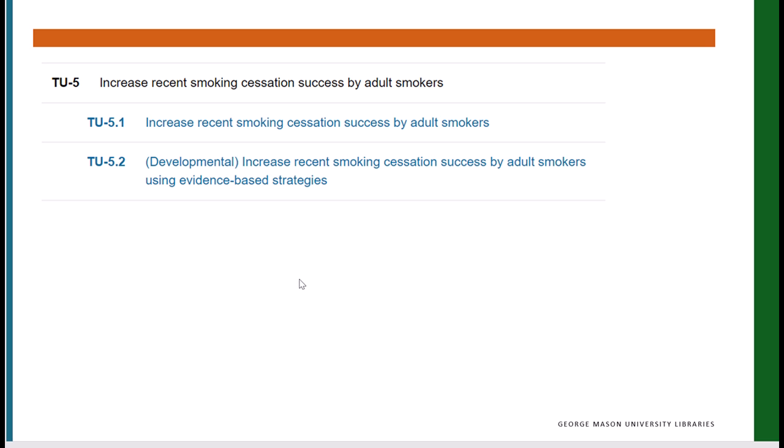And they're even adding, as they revised it, evidence-based strategies, which means we're looking for what the research tells us is effective interventions. We don't want anecdotal stories about this worked here and that worked there, but we want something that shows that it's something that can be translated to a general population or to a population under study.